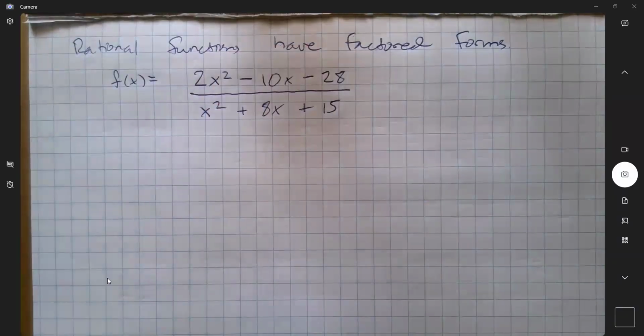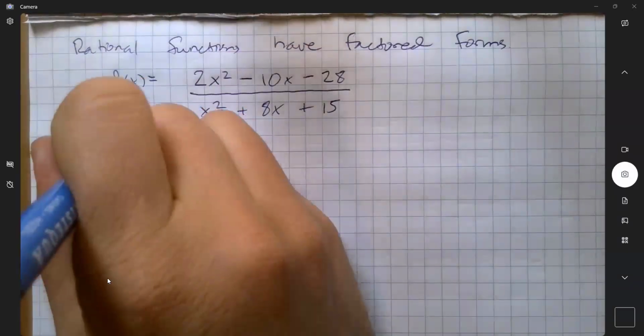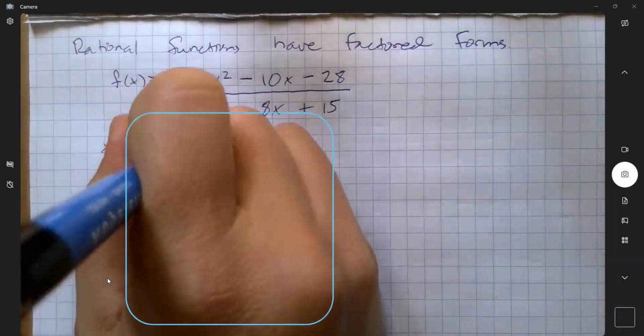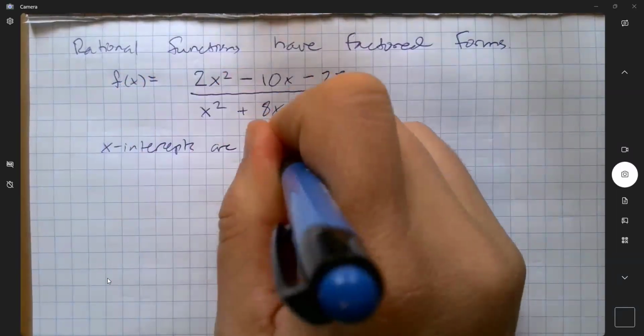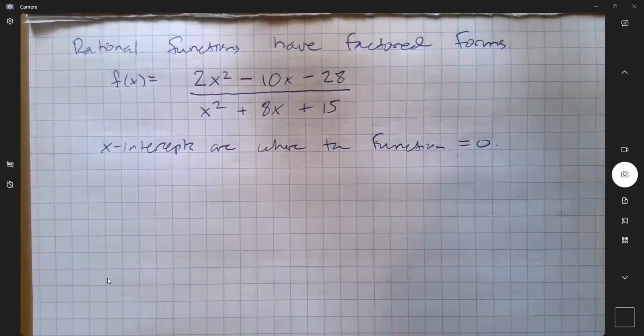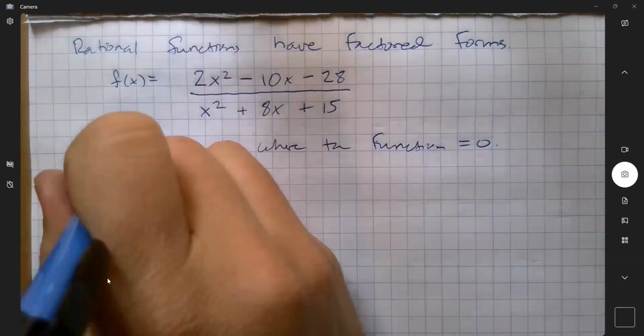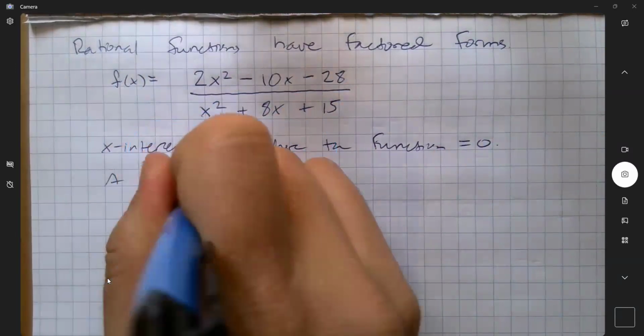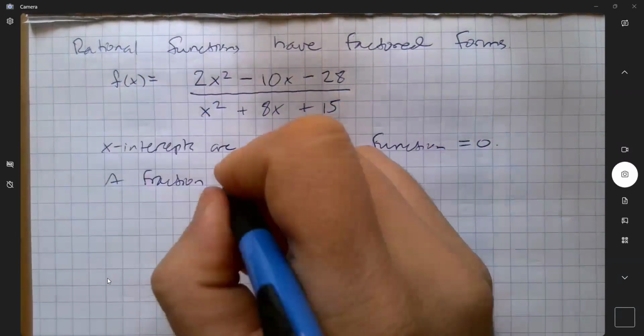If I want the x-intercepts, those are where the function equals 0. Remember, a rational function is a fraction.